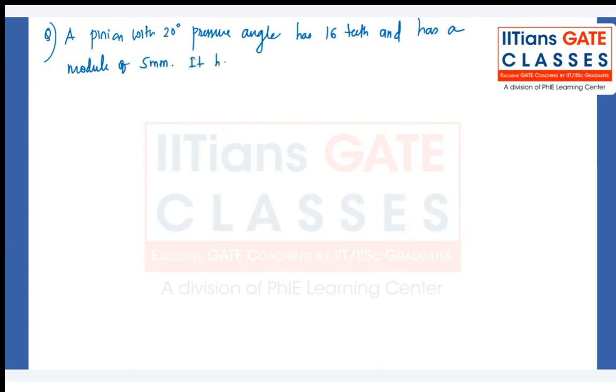It has a full depth involute tooth profile.